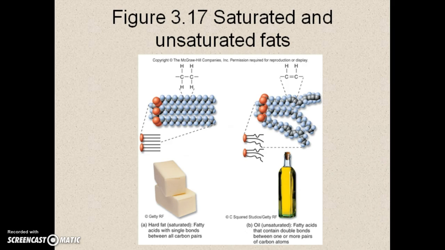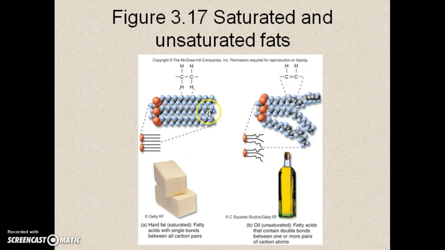So saturated fats are this example of fats on our left here. These are actually called fatty acid tails right here, and notice how these tails are stick straight, and that's because of how its carbons and hydrogens are associated.